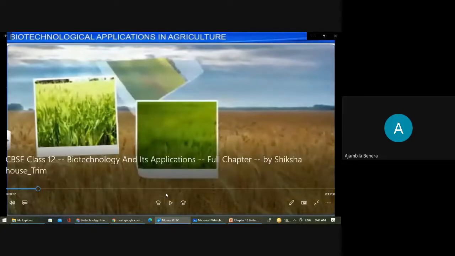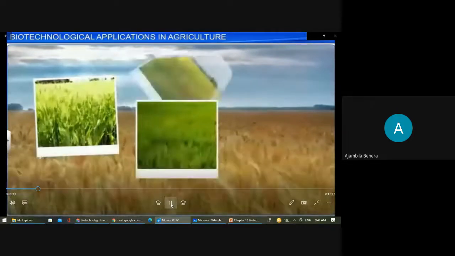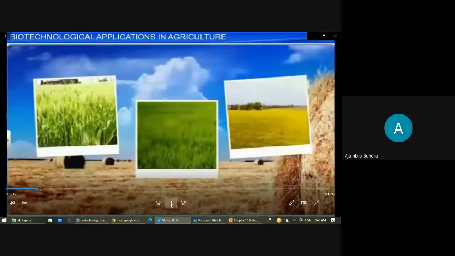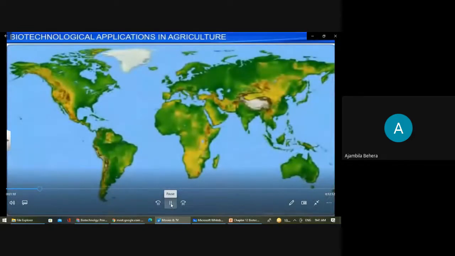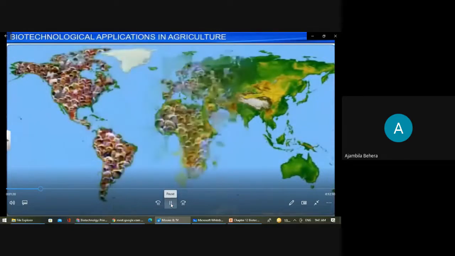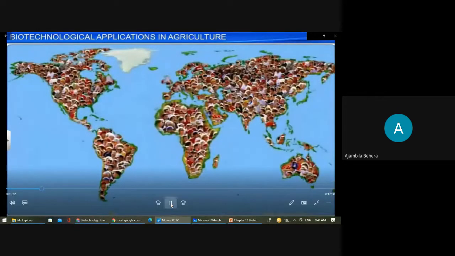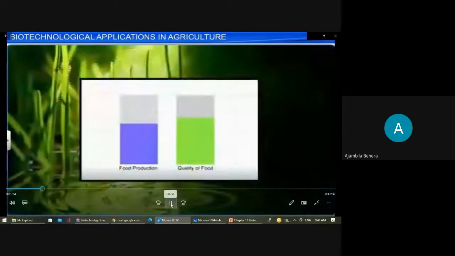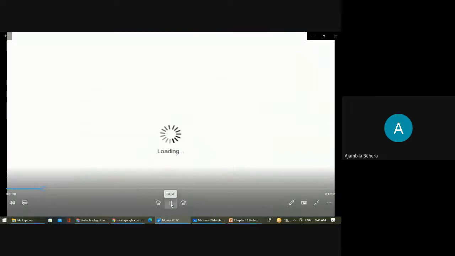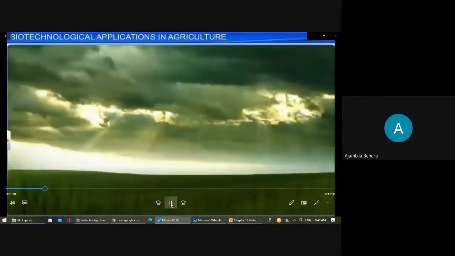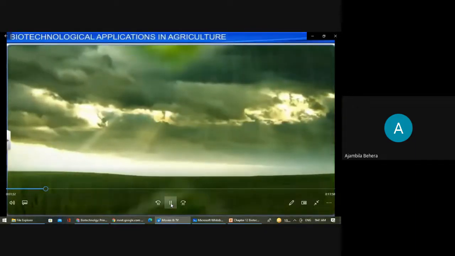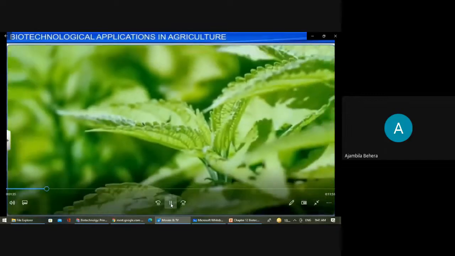And generally, in case of agrochemical based agriculture, what do we do? You all know there is more and more use of chemical pesticides, and more and more use of chemical fertilizers. So this has increased our food production, and you can find the quality of food has also increased.